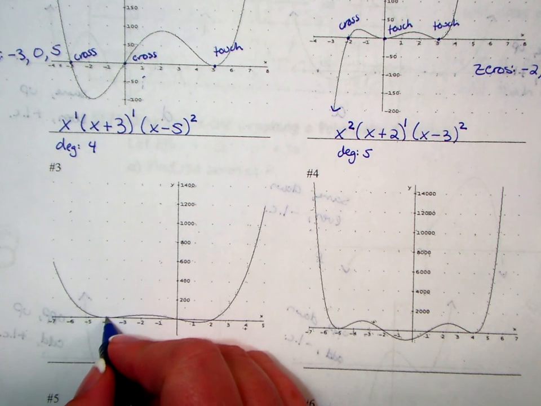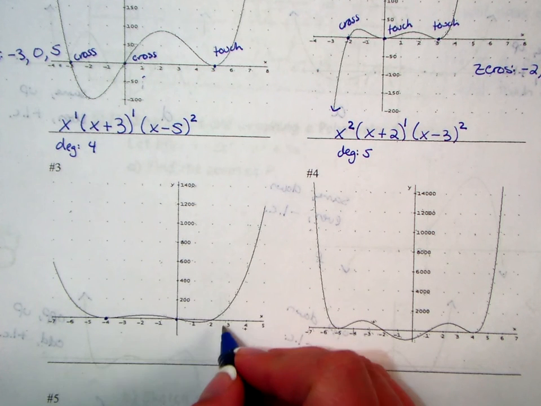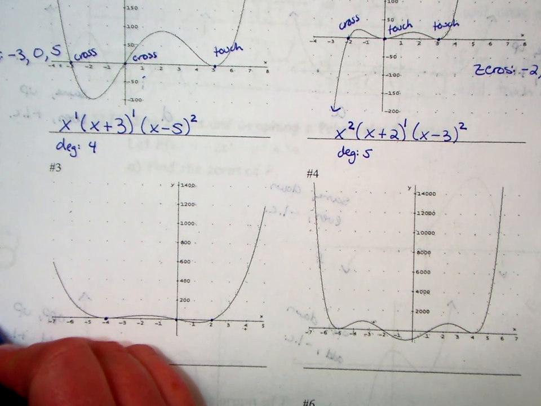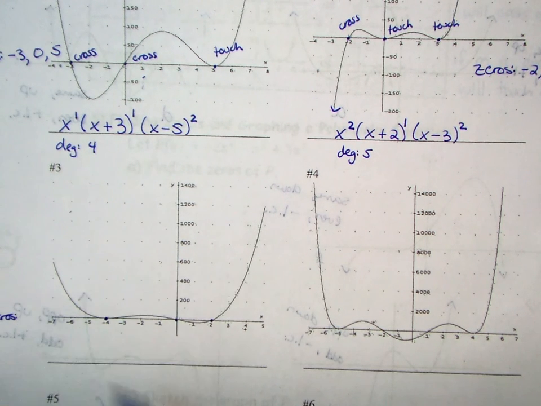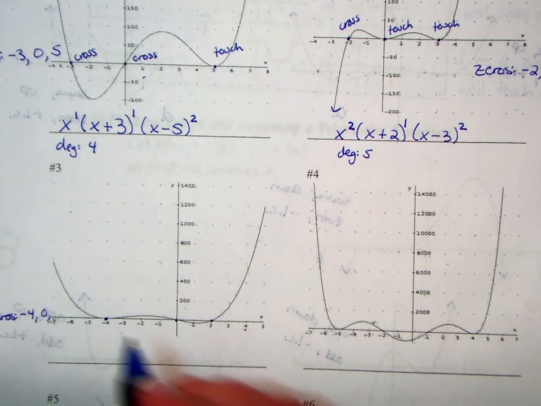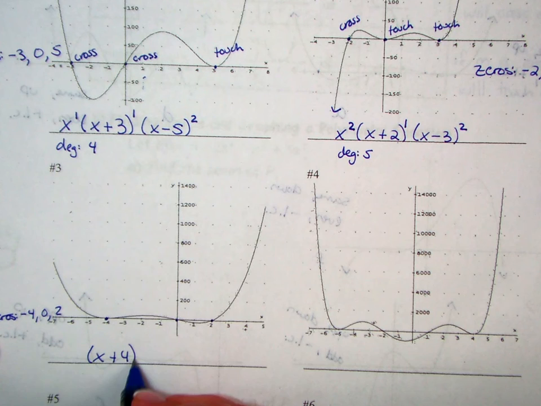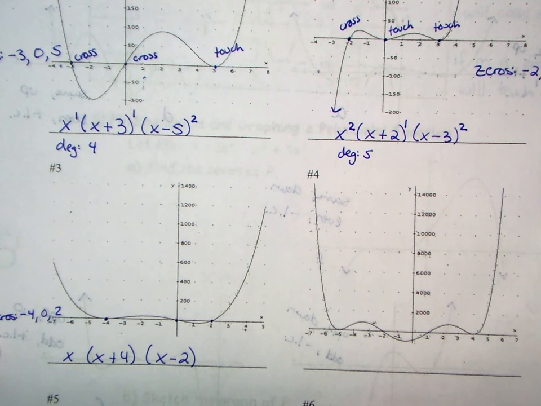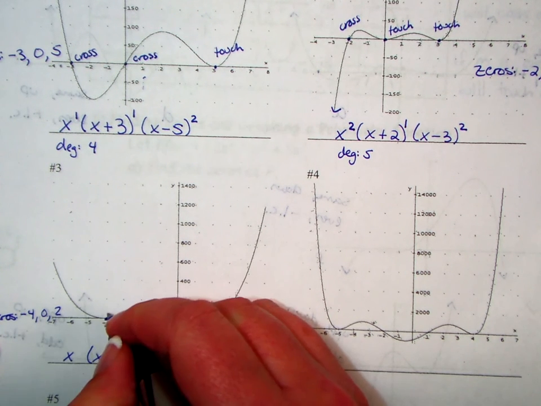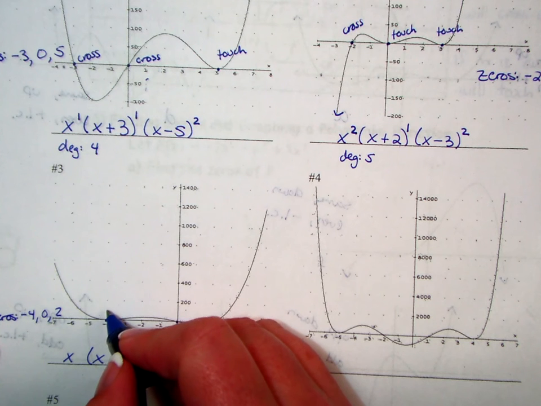I'm going to go ahead and work these now. All right, so we have zeros -4, 0, 2. So I have factors x plus 4, x, and x minus 2. This graph here is touching at -4.